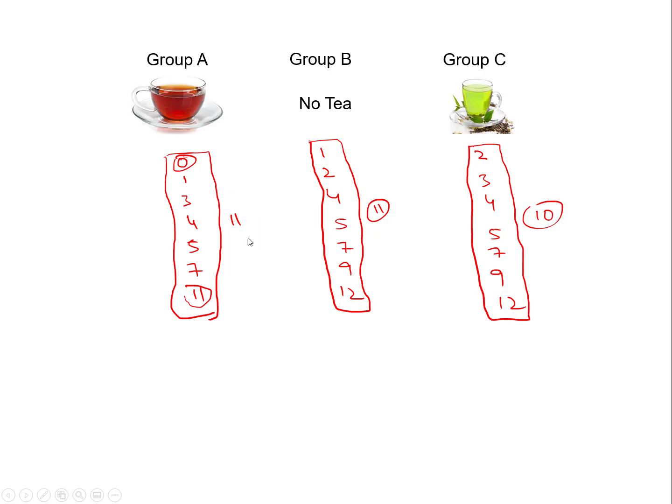So within the group, the range, the variation is much similar for all three groups. So there is not much difference within group. I am talking about within group, in this group and in this group and in this group.